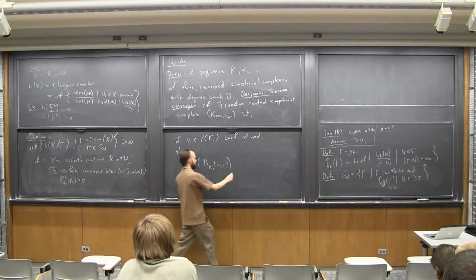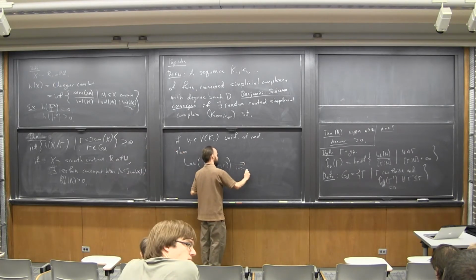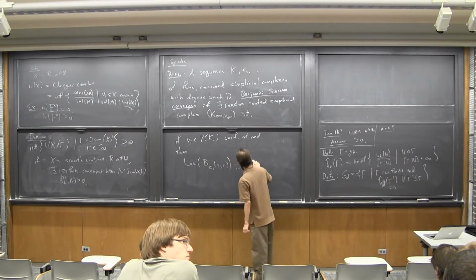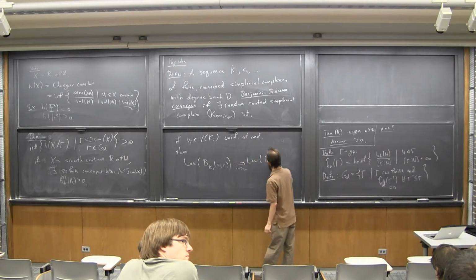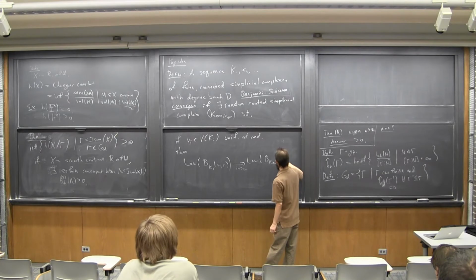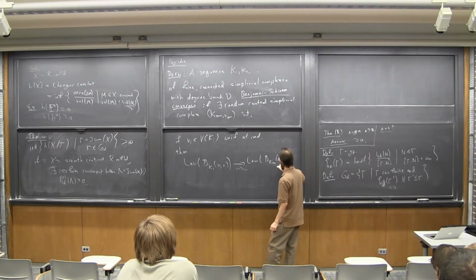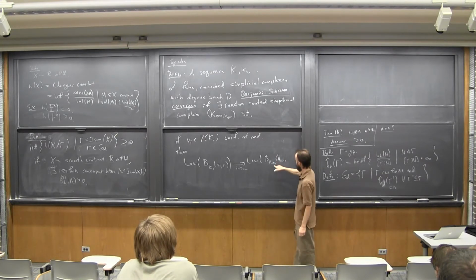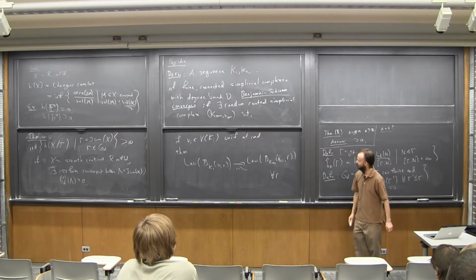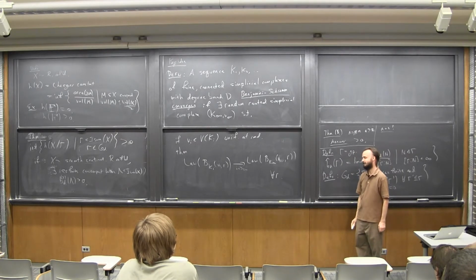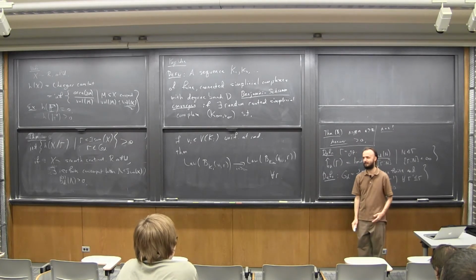This should converge as i tends to infinity to the distribution of the ball of radius r centered at the root vertex of our random rooted complex. Yes, random rooted complex. Last time it was a graph.